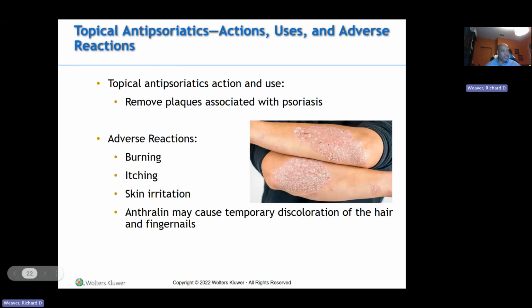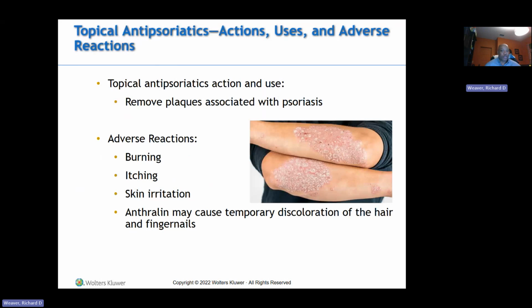And of course, as you all can see, this is psoriasis. A very gross picture here. All right, so topical anti-psoriatic drugs are used to treat psoriasis, which is a chronic skin condition that is manifested by bright red patches that are covered with silvery scales or plaque.